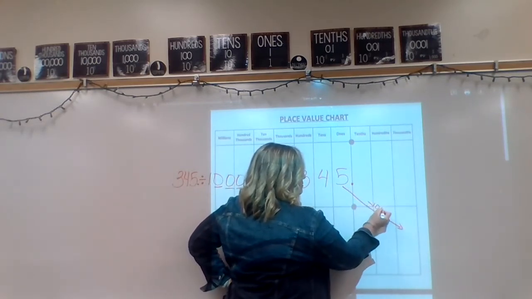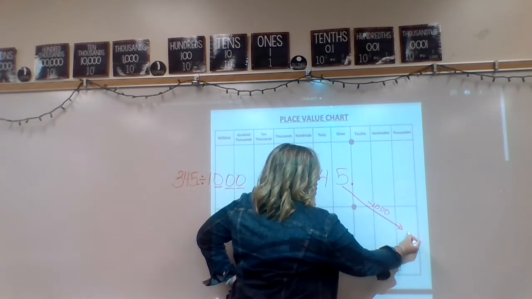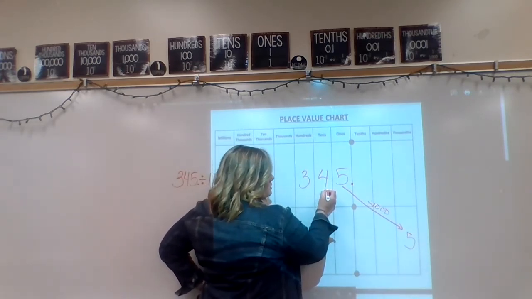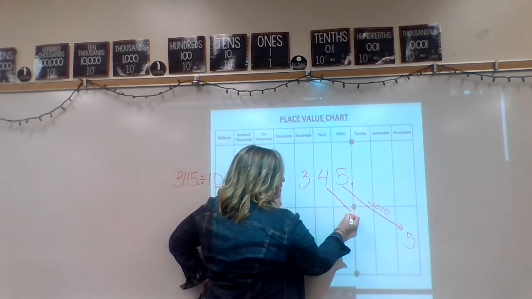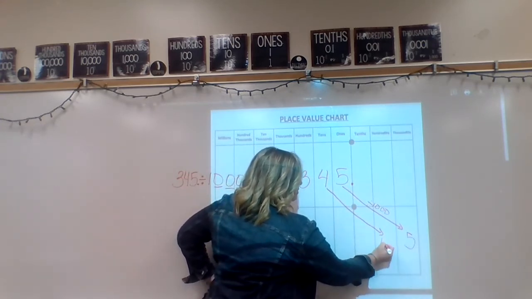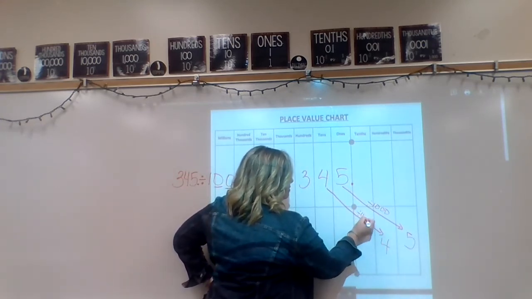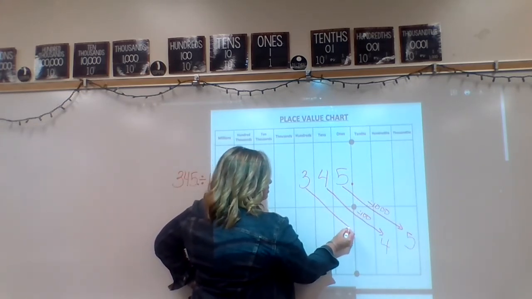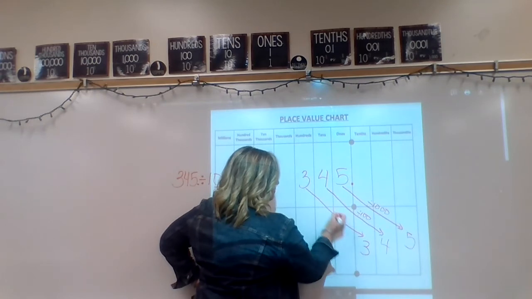My 5 ends up in the thousandths place. 4 divided by 1,000 moves 1, 2, 3. 3 divided by 1,000. 1, 2, 3.